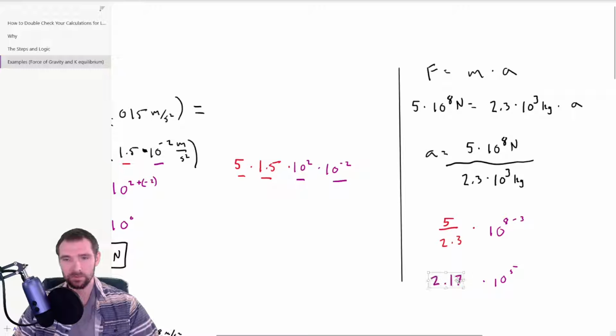This should be red because we're trying to keep that stuff red. And then if I'm trying to keep this to 1 sig fig, this is going to be actually 2 times 10 up to the fifth power. And you could write that out in its scientific notation as well.